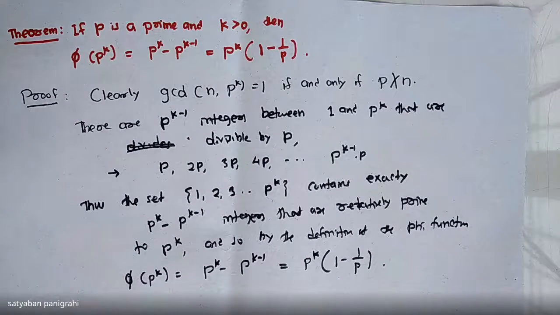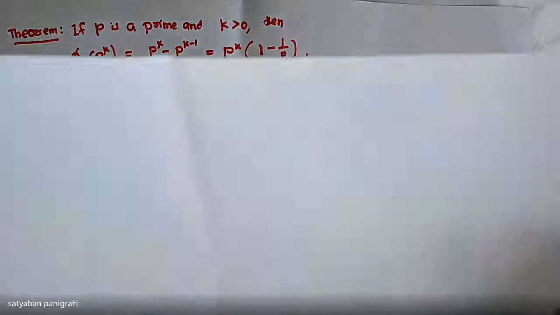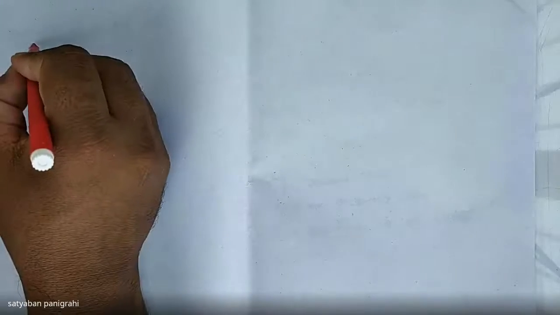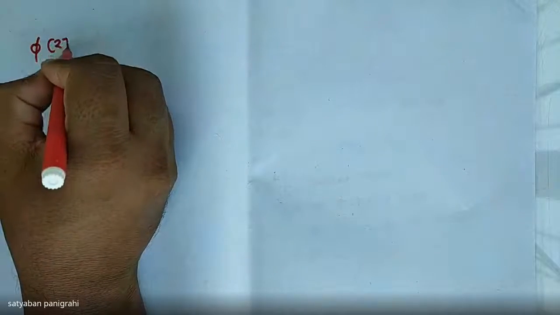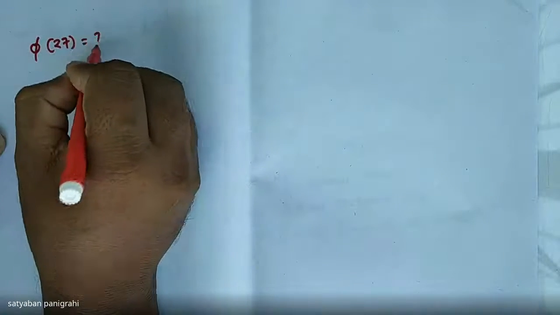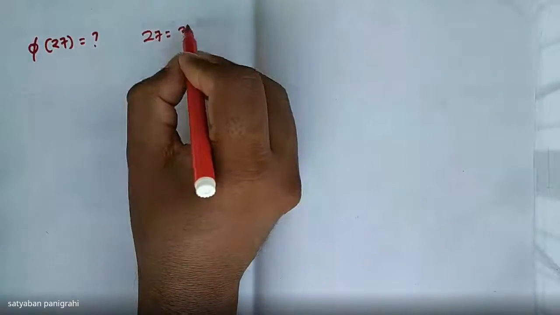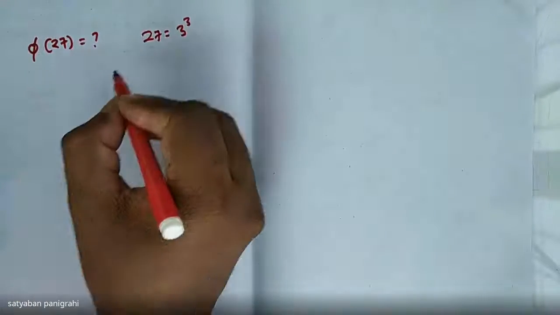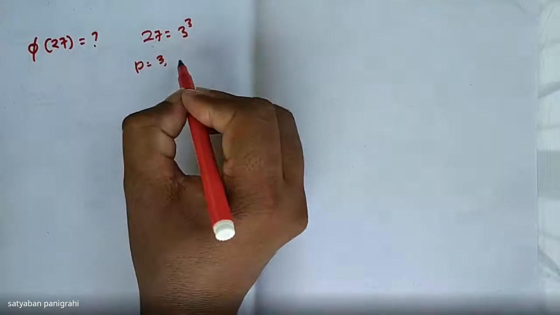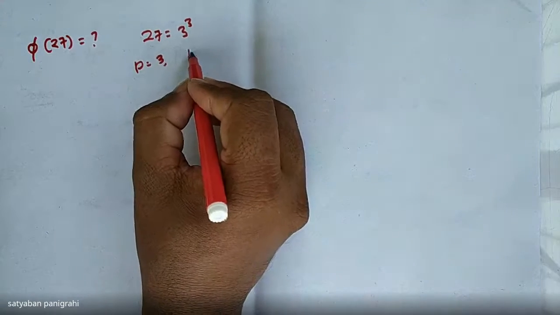Now, knowing this, suppose someone asks you, what is the value of phi 27? Simply, 27 can be written as 3 cube. So here p value is 3 and k value is 3.